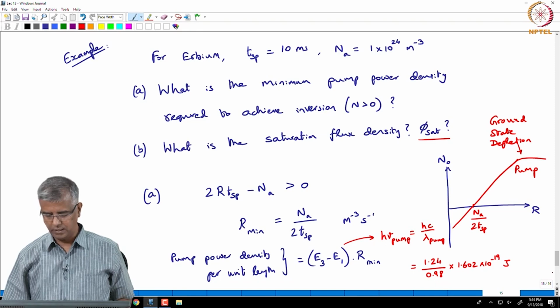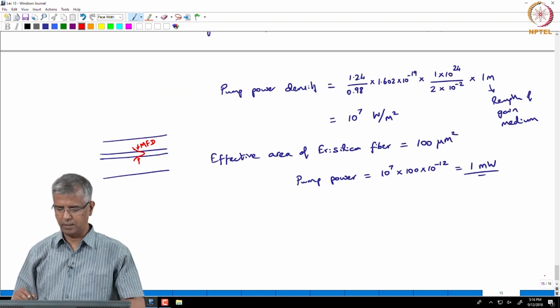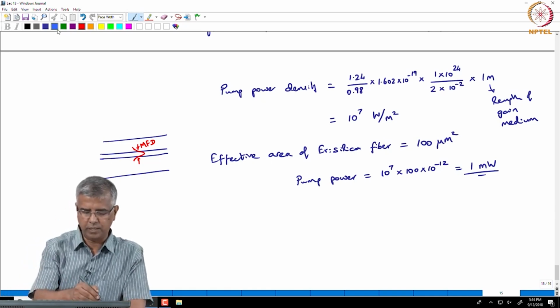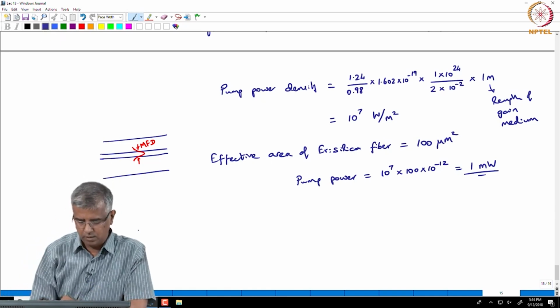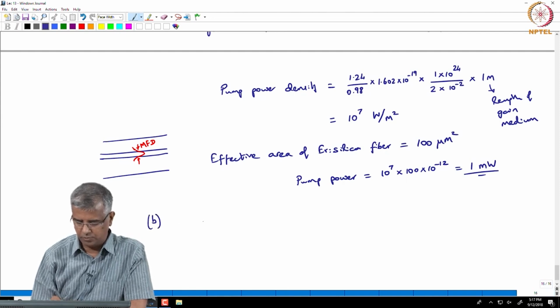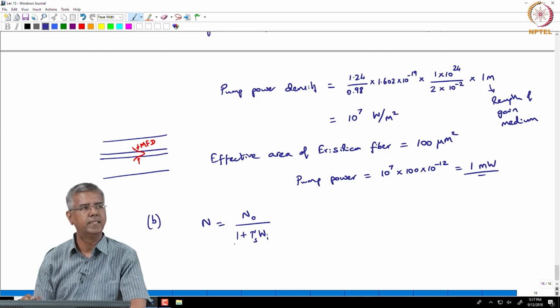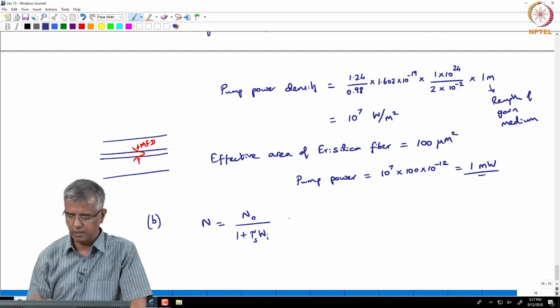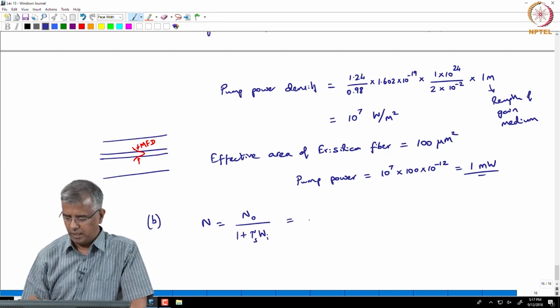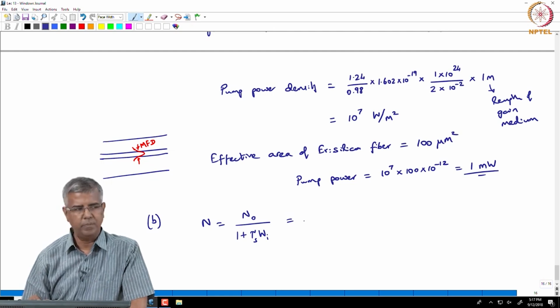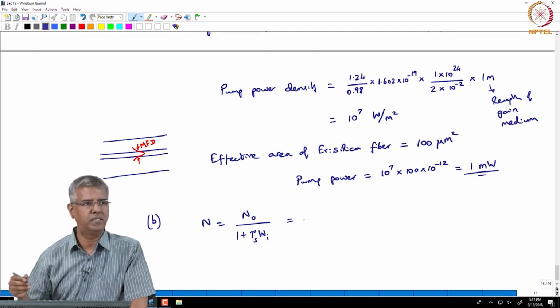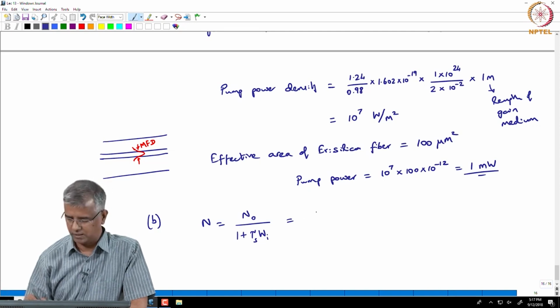For that we need to once again examine our expression for inversion a little more closely. So, the expression for inversion is n equal to n naught divided by 1 plus tau s w I. That is what we derived previously, but w I can be written in terms of the flux density multiplied by the transition cross section.